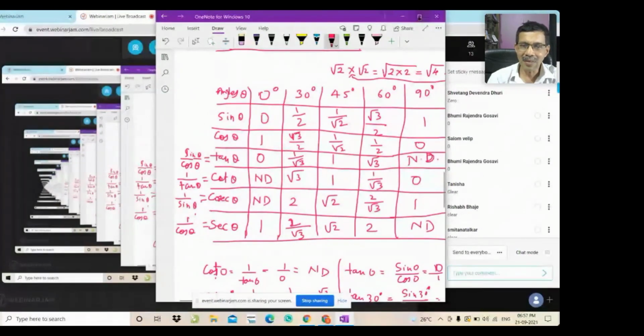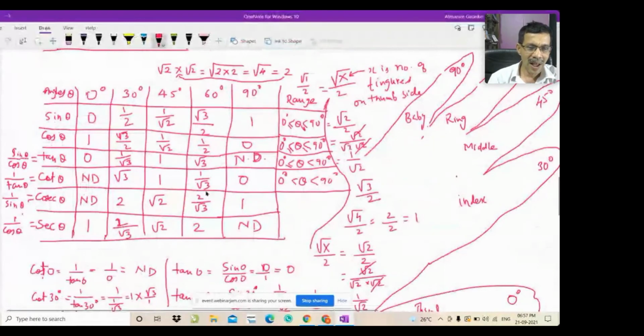So your answer is 0 degrees, and it is not 0 degrees. Yes, it is with 90 degrees, not with 0 degrees. With 0 degrees, cot theta is not defined. So the equal to sign will come with cot of 90 degrees, which is defined. No equal to sign will come over here, as that value is not defined.